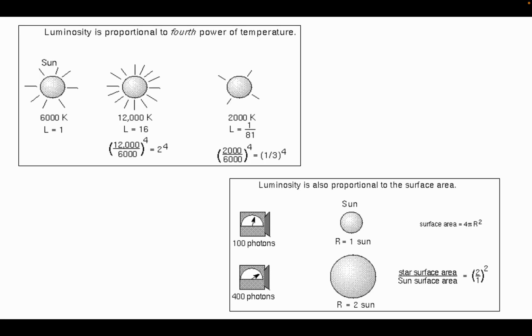So until now we know that luminosity depends on two properties of a source: the temperature of the source and the surface area of the source.